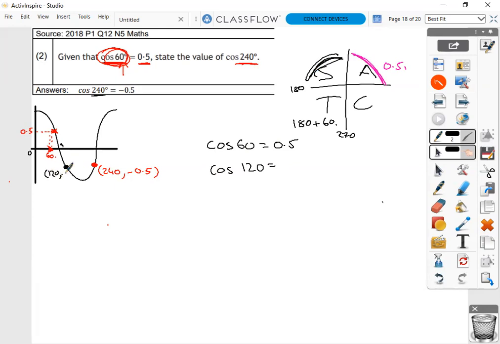Cos 120 would be negative 0.5. Cos 240 we've worked out is negative 0.5. And also cos 300 would be positive 0.5, because it's when x is equal to 60 but in the fourth quadrant.